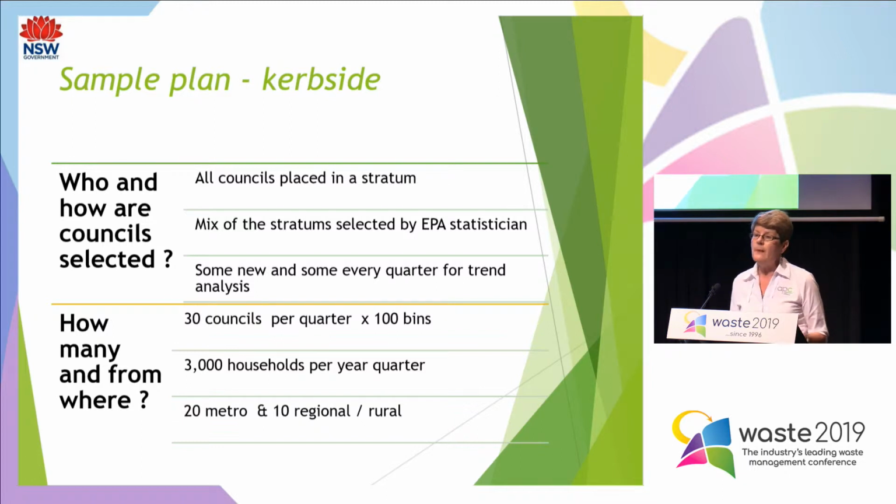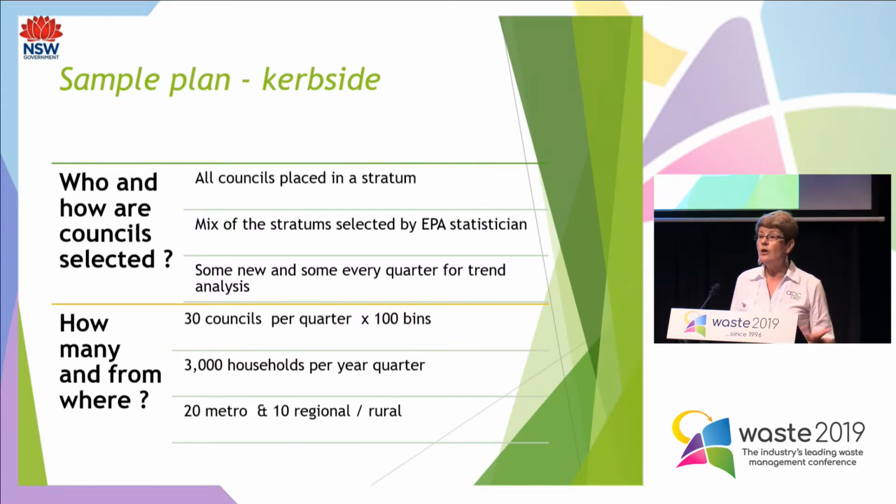All councils are put into a list of strata based on a number of characteristics by the statisticians. A mix of strata is selected each quarter and therefore there's a mix of councils each quarter. Some councils are new and some are in every quarter to allow trend analysis over time.